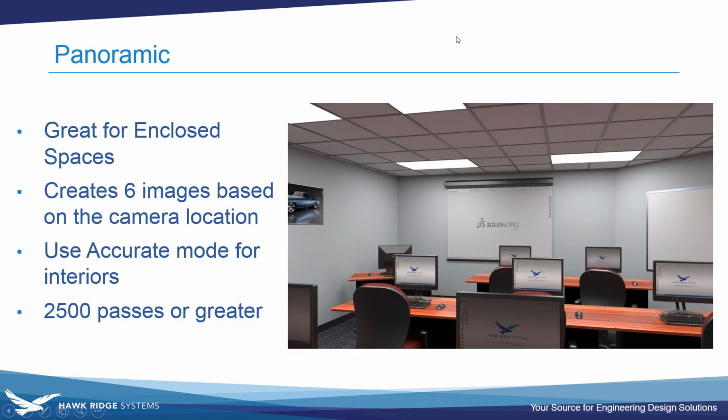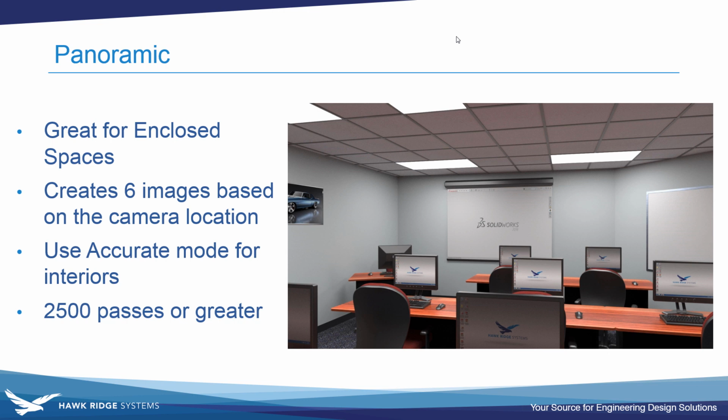All right, let's take a look at another one. Panoramic. Like the interactive one that we just looked at, that's great for a product, where you're taking the camera and positioning it all around the product and taking a bunch of images of that. A panoramic is taking a camera inside the middle of a model, in this case, the Woodland Hills Training Center for Hawkridge Systems.